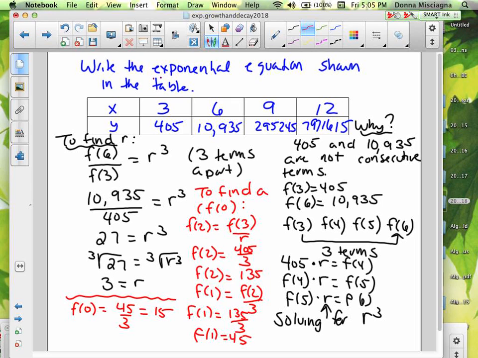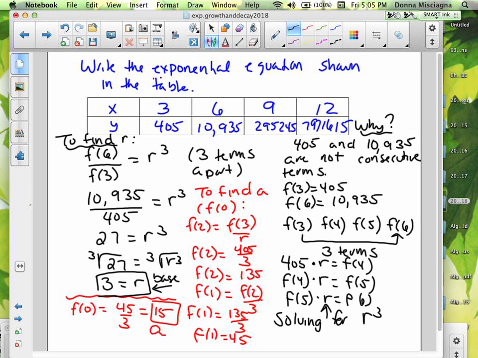So this is my a. It's the value of y when x is 0, and we found our r. That's right here, and that's our base. I put r in there because I'm kind of thinking geometric sequence, but this is our base. It's not a factor.